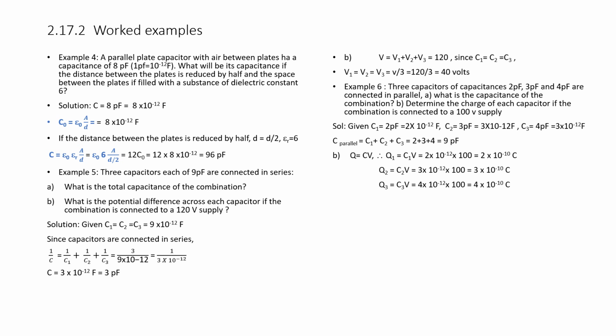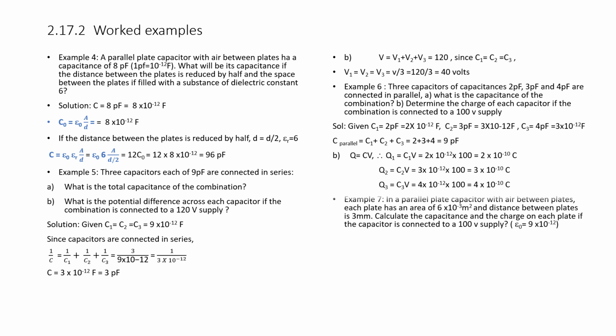Therefore, since C1 is 2, the charge is also 2 into 10 to the power of minus 10 coulomb. Q2 is in proportion, 3 into 10 to the power of minus 10 coulomb. Q3 equals 4 into 10 to the power of minus 10 coulomb.